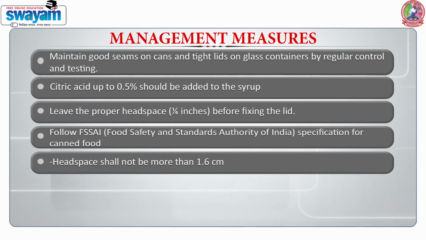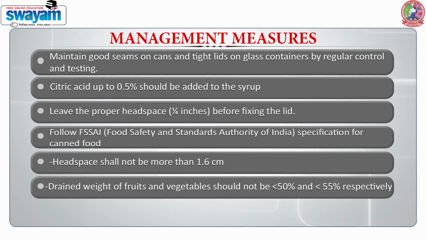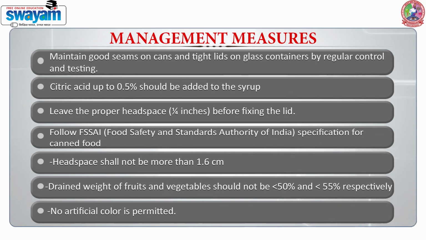The head space should not be more than 1.6 centimeter, and the drained weight of fruits and vegetables should not be less than 50% and 55% respectively, and no artificial color is permitted in canned food.